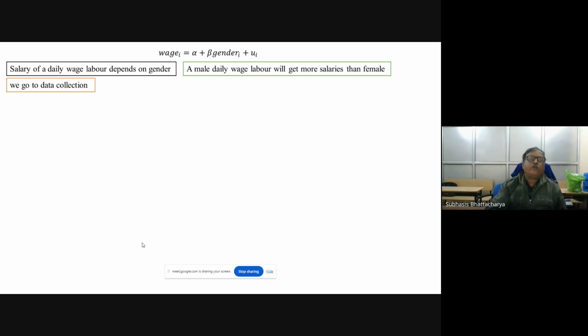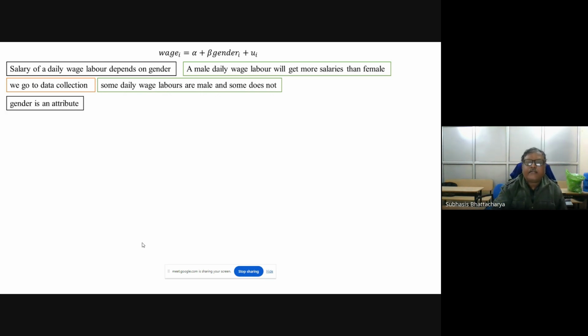So we hypothesize the relationship, and we go to the data collection. We get the wage rates, different wages from different individuals, and we find that some wage laborers are male and some are female. So this is our data set.